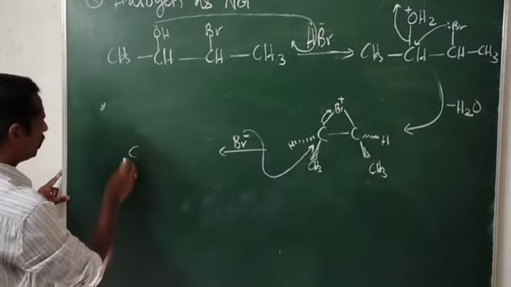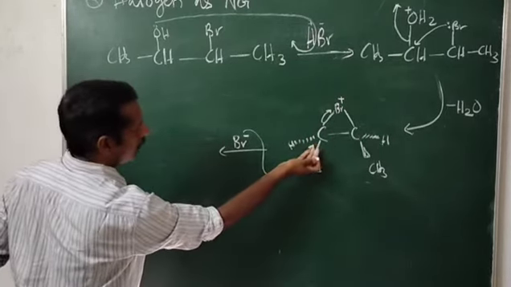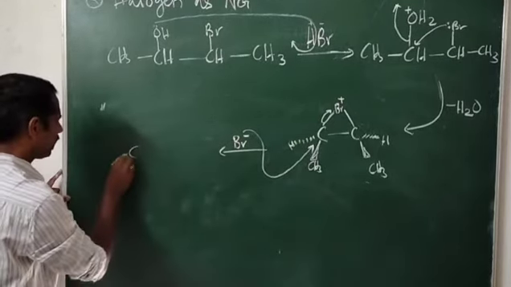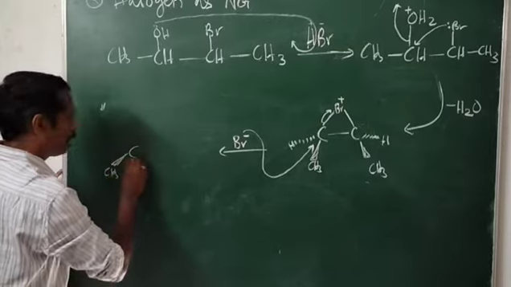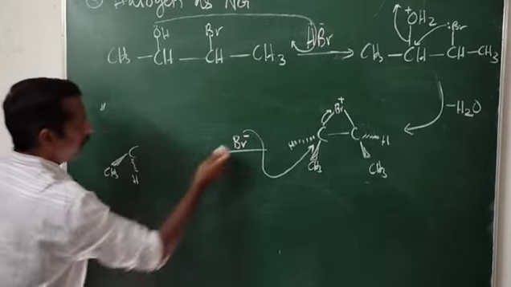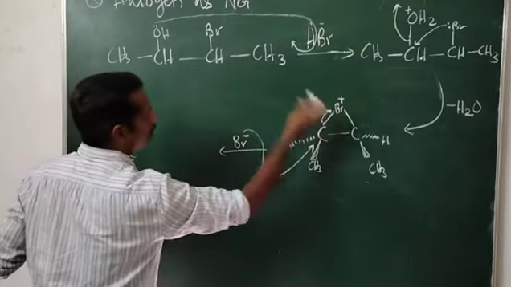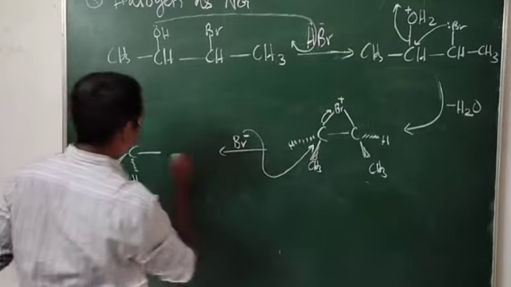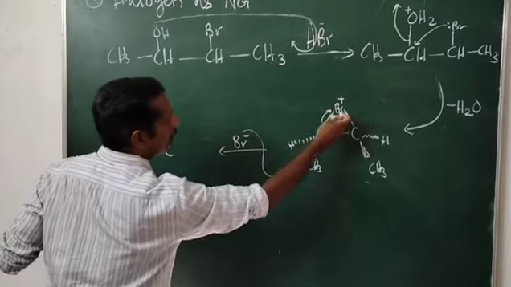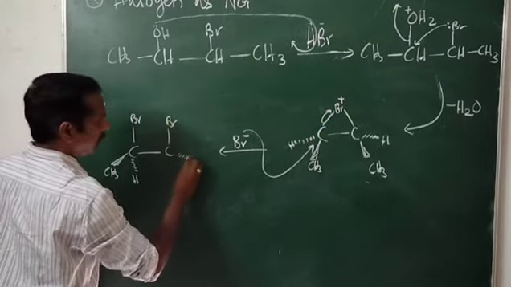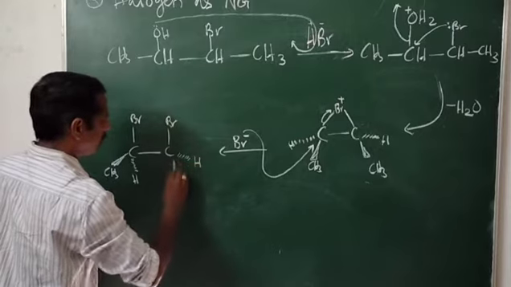Since there is a backside attack, inversion of configuration, that means here it is CH3, and here it is H, and this bromine is free to this carbon, so Br, and here it is H, and here it is CH3.